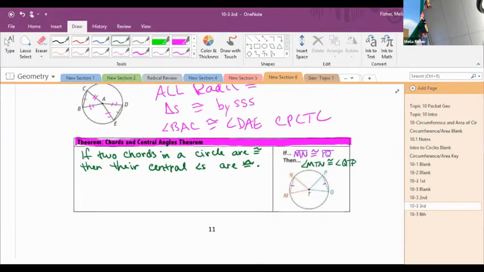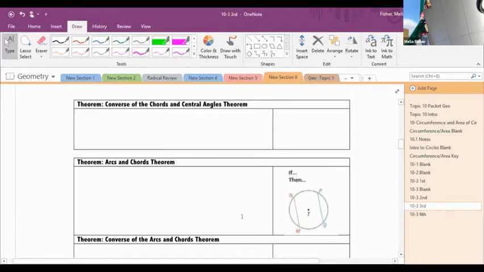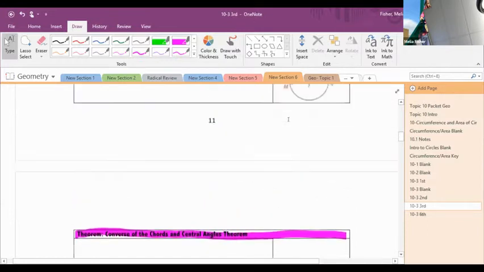Okay, we're going to have a few little challenges in our notes today as we go through. For the sake of time, you do have on the next page the converse. And I'm going to leave that for you to fill in. We will be checking to see if you filled these in on your notes.